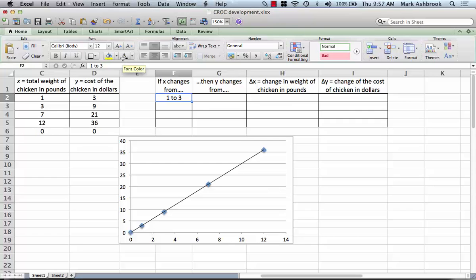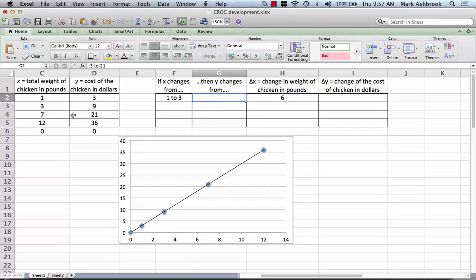Okay, and so what is delta x? What is the change in the weight? 2. So it's kind of like there was a pound of chicken on the scale, and he said, oh no, wait, I need more, and so please put 2 more pounds on the scale. So the butcher takes 2 more pounds and throws it on the scale. That's like a change in x, right? The change in weight. And so that is 2.